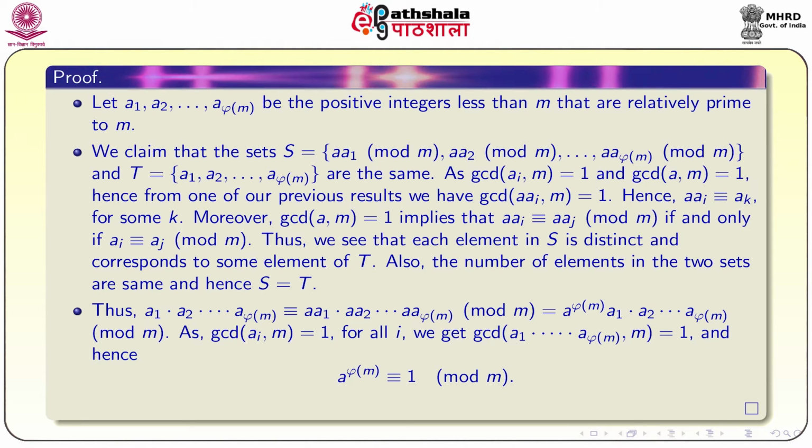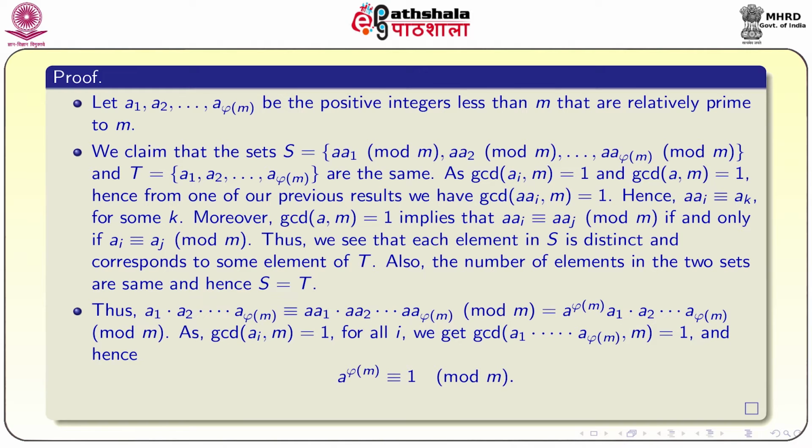Moreover, GCD of a comma m equal to 1 implies that a into ai is congruent to a into aj mod m if and only if ai is congruent to aj mod m. It is because a into ai congruent to a into aj mod m means that m divides a times ai minus aj, but GCD of m comma a being 1 means that m has to divide ai minus aj. So, that is why we get ai is congruent to aj mod m.